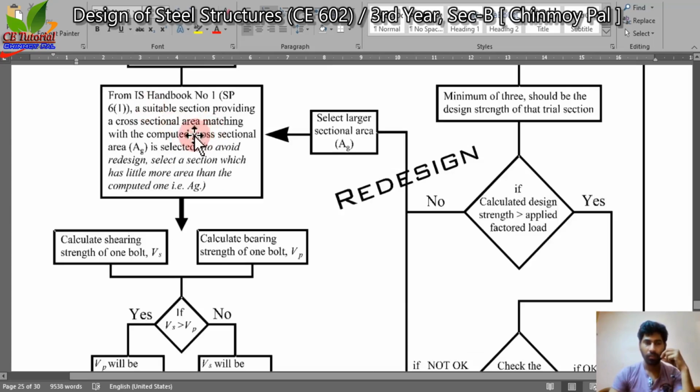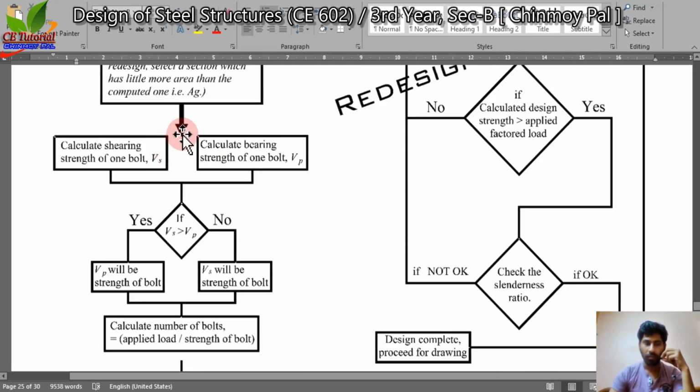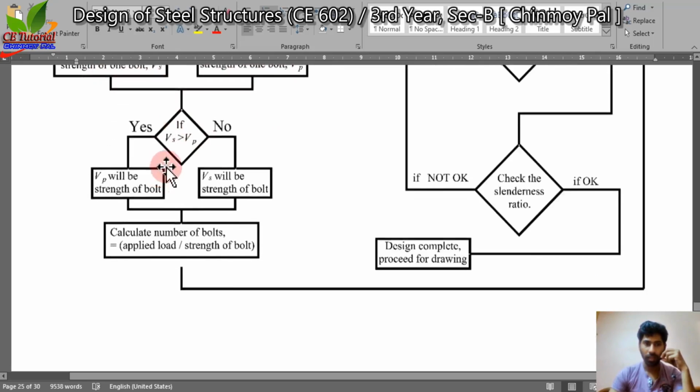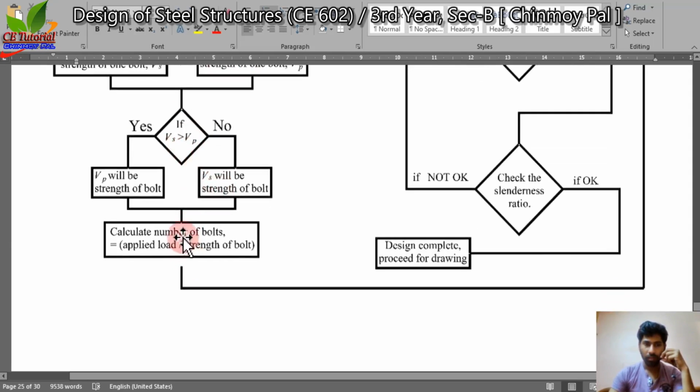Now open your handbook and select a provided cross-sectional area which is approximately the same as your calculated Ag. After that you calculate the bolt strength from shearing strength and bearing strength. If shear strength is greater, then bearing strength will be the strength of bolt, or if bearing strength is greater than shearing strength, then shear strength will be the strength of bolt.